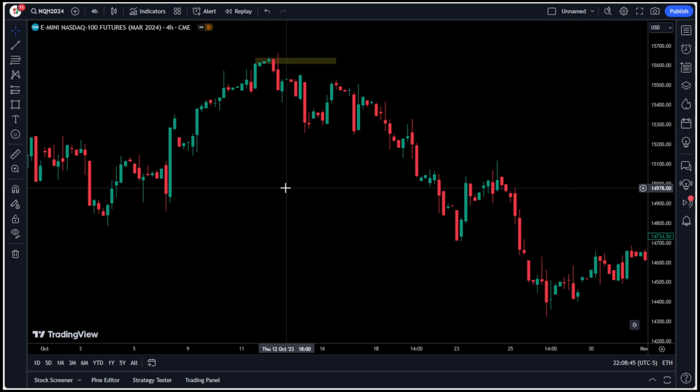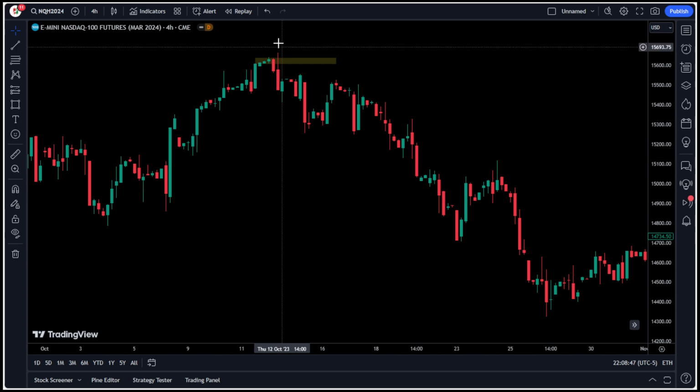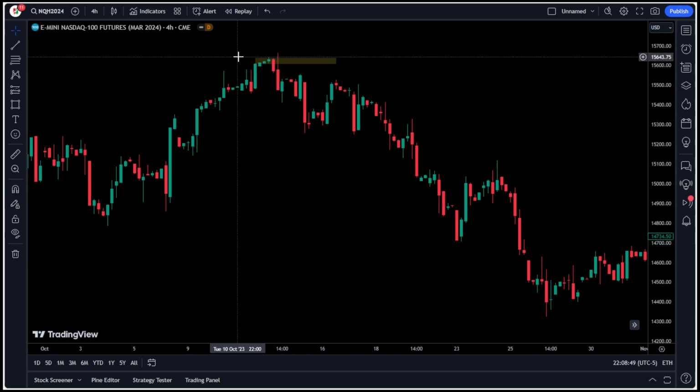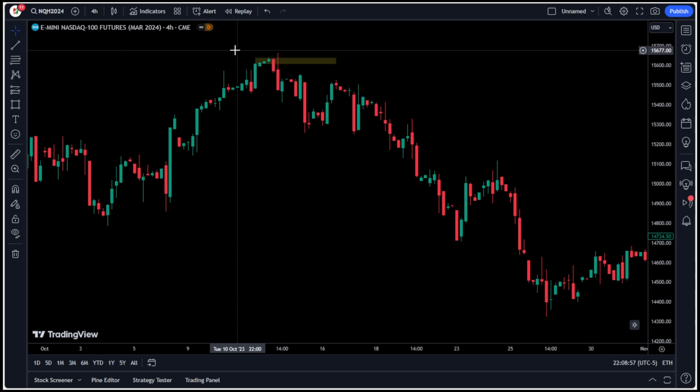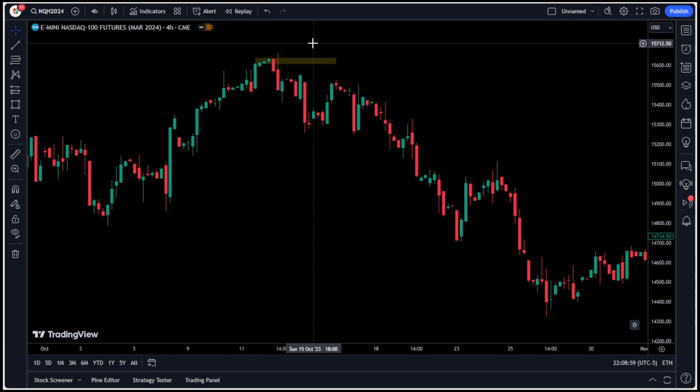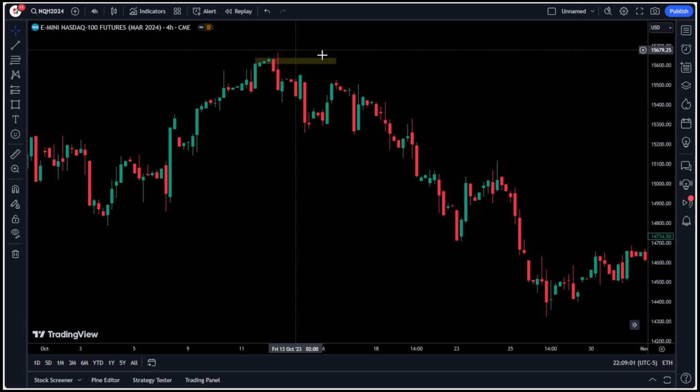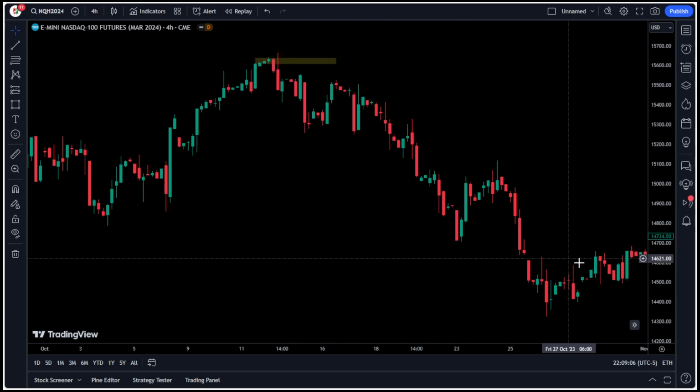Many traders had put their stop loss just above this candle. Price moved up, institutions moved the price to the upside, picked the liquidity, liquidated all the orders, and started moving down.